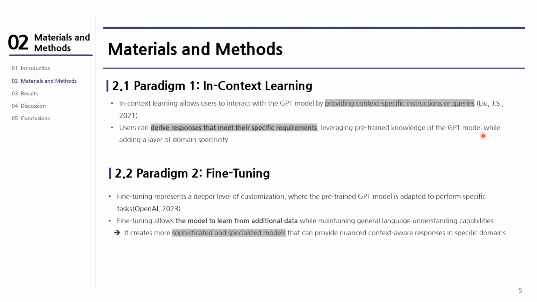By creating custom prompts, users can elicit responses that meet their specific needs, leveraging the pre-trained knowledge of the GPT model while adding a layer of domain specificity. At this point, iterative adjustments are necessary to achieve optimal results.